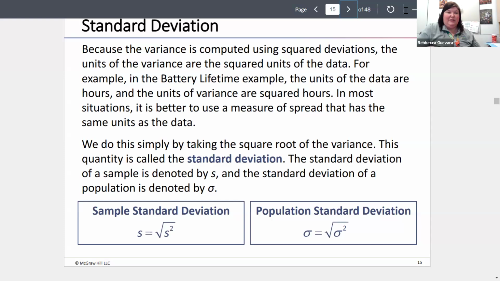Actually, the notation we have for variance comes from standard deviation. Standard deviation is S and variance is S squared. So remember, variance is S squared, which means variance is actually the square of the standard deviation.